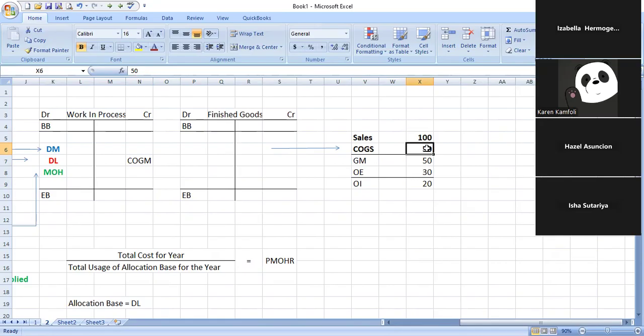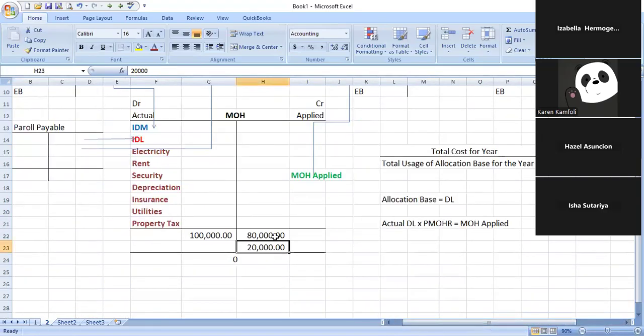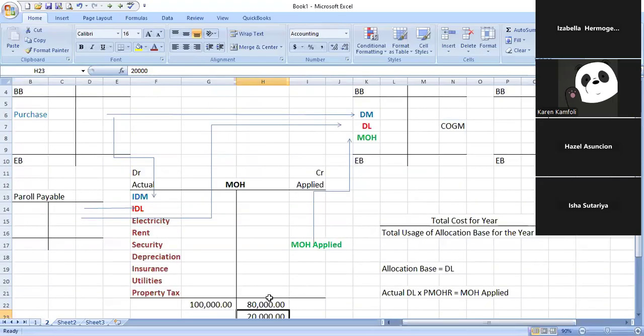If this cost is less, what will this number be, higher or lower? Higher. So my operating income will be overstated. Make sense?